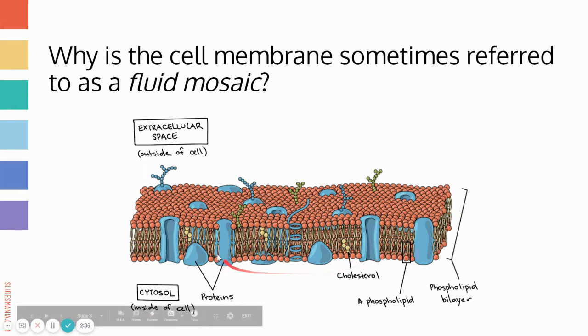We've got proteins that can be transmembrane proteins, meaning they span both layers of the phospholipid bilayer. They can be embedded in just one of the layers. So you can see this one here is just embedded on the cytosol or cytoplasm side, whereas a protein like this could be just on the outside, the extracellular space of the cell.